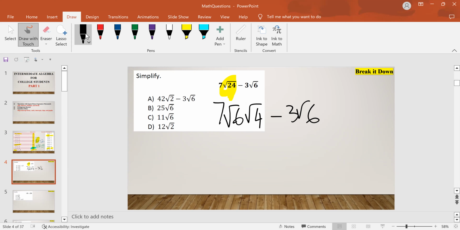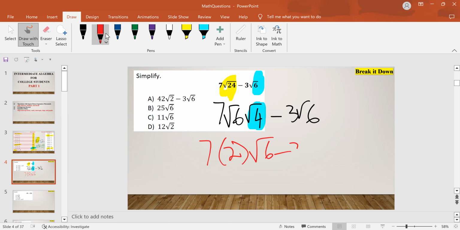We can break it down using different numbers, but here it's helpful to use the square root of 6, because in the question we have another square root of 6, which will be helpful. Now we know that the square root of 4 is a regular 2. So this is 7 multiplied by that regular 2 multiplied by the square root of 6, minus 3 square root of 6.